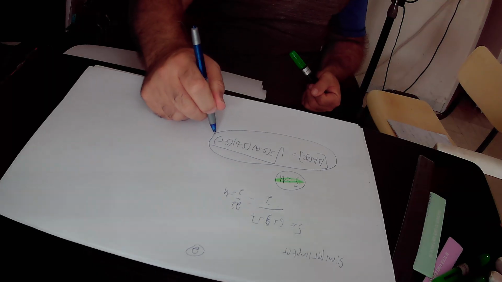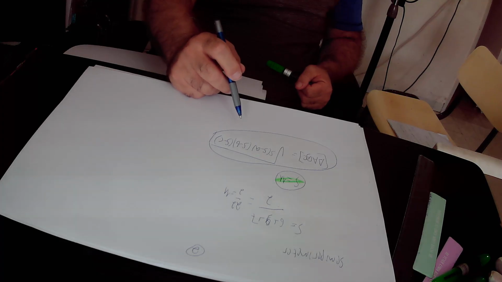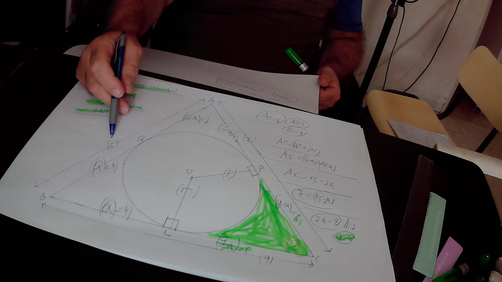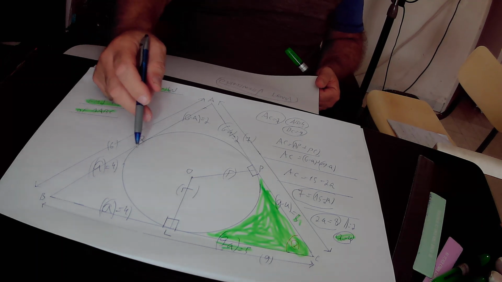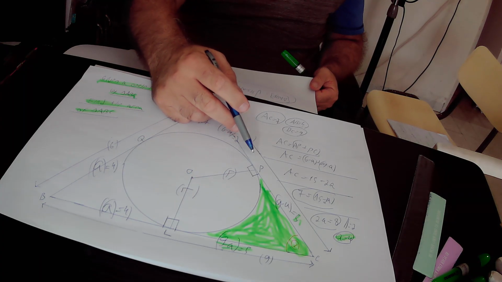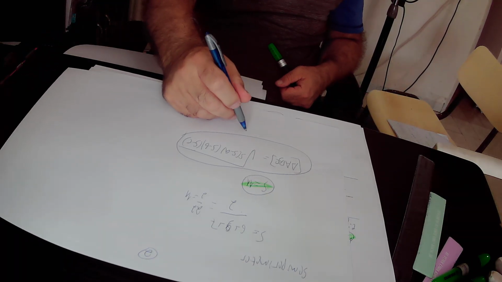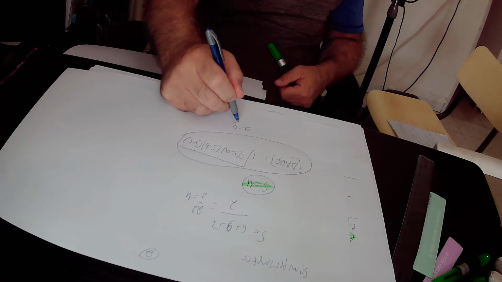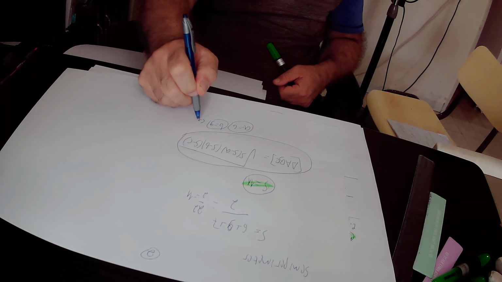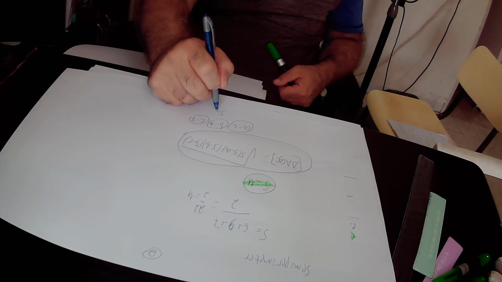S is the semi-perimeter of triangle ABC, that is 11. a, b, and c are the side lengths of triangle ABC: a equals 6 units, b equals 9 units, and c equals 7 units. And the semi-perimeter S equals 11.